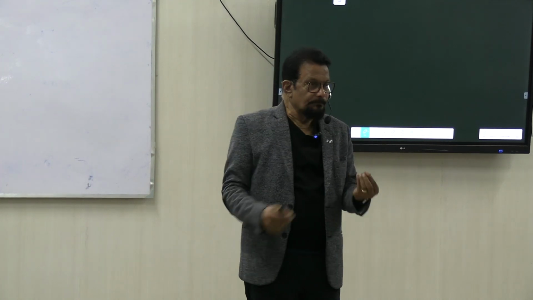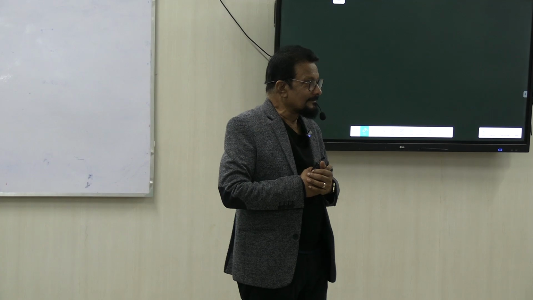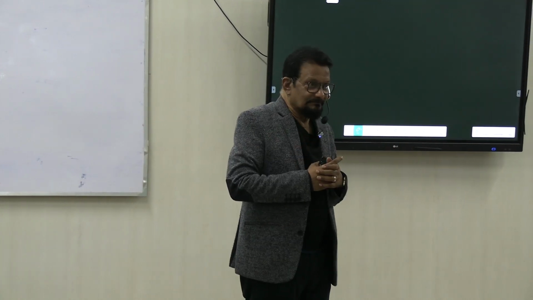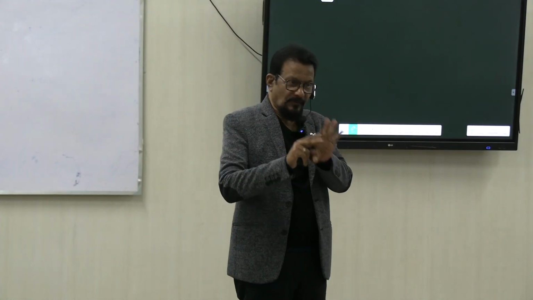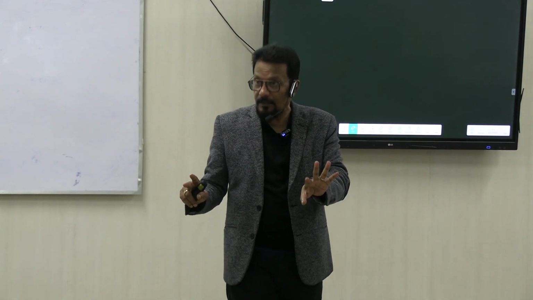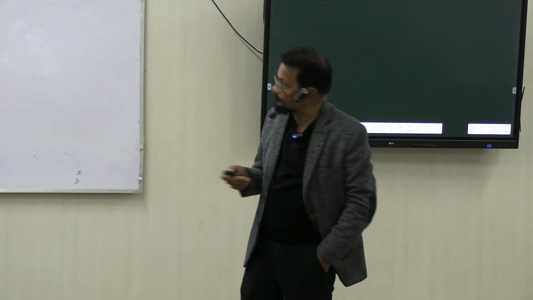Say, for example, monoglycerides, diglycerides. What will happen to them? These are big, no? So there will not be further digestion. So that has to come into the blood. Now how they will be coming?